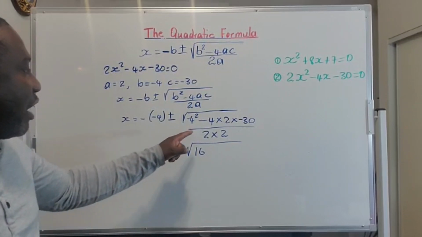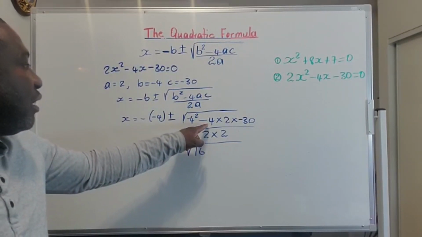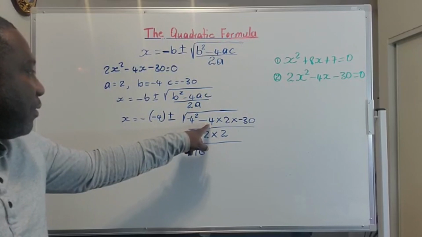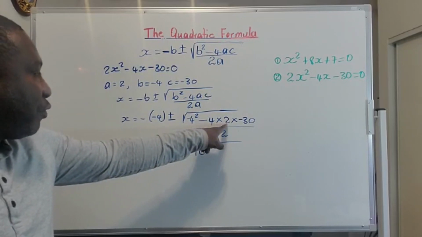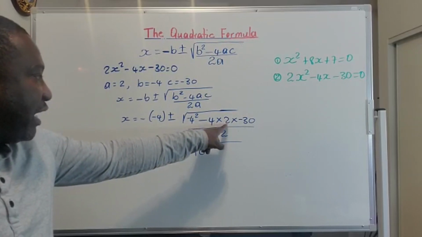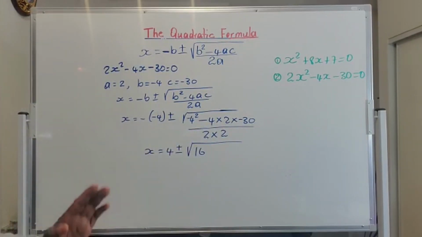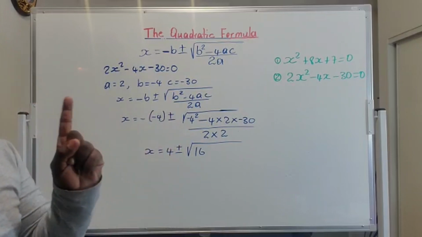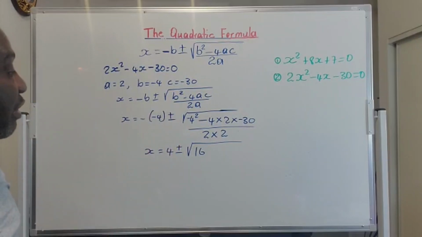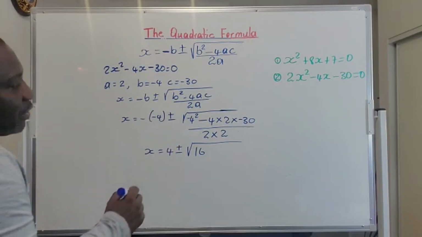Now let us multiply right across here, guys. Negative 4 times positive 2 will give us negative 8. Negative 8 times negative 30. Two same signs, in this case, will give me a positive outcome.